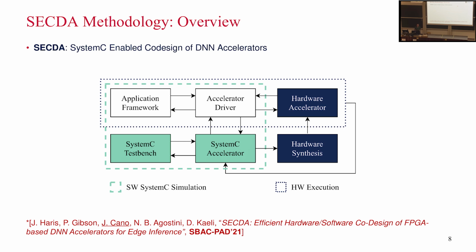We published this paper 3 years ago, and essentially what we have is two loops. As you can see here at the top, we have this dotted loop. Basically, we have an application framework, whatever it is, an acceleration driver that interfaces the framework or the program with the accelerator, and we have here our accelerator. If we only rely on that, as I mentioned, we need to run all the time on real hardware.